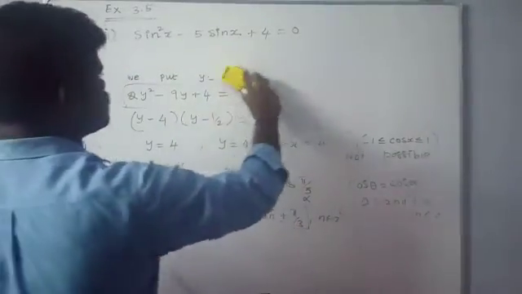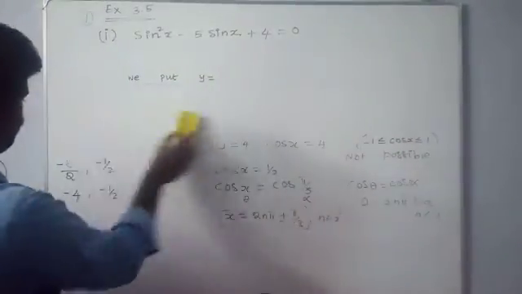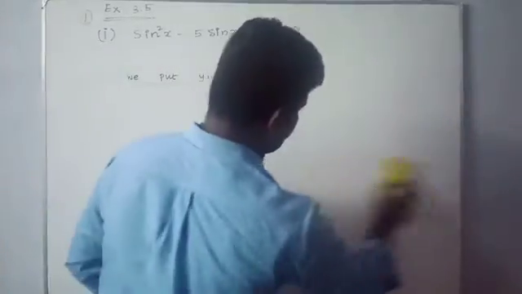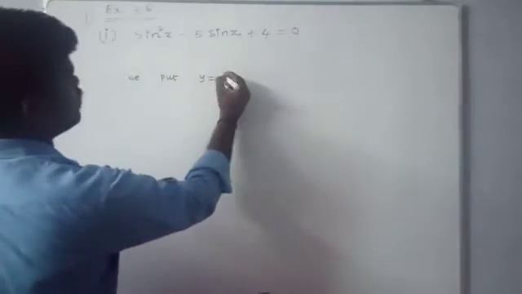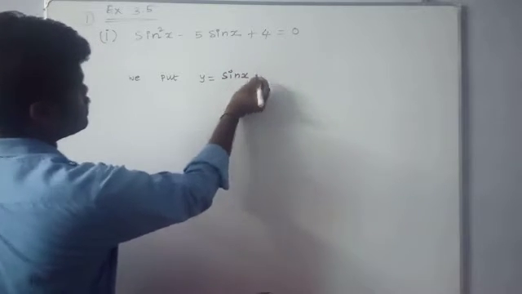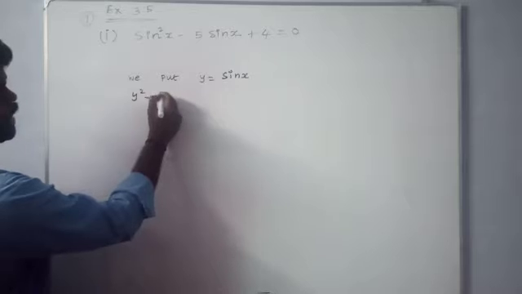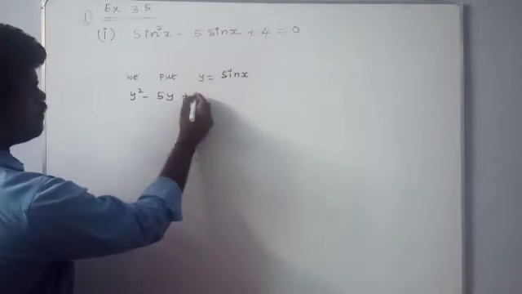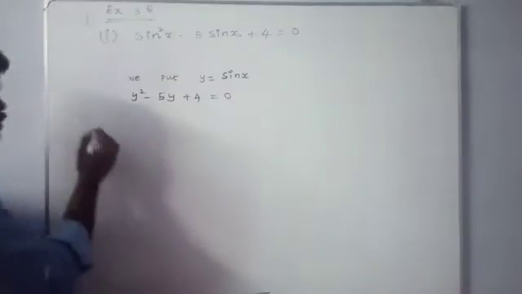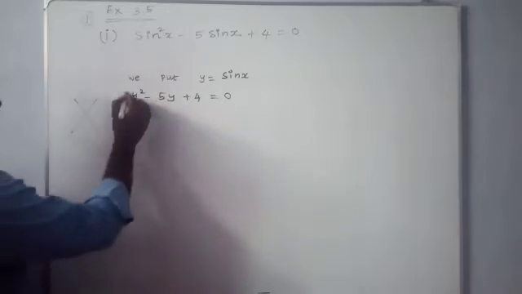Same like this. This is also a sine form. So we put y is equal to sin x, and the equation will be changed as y squared minus 5y plus 4 is equal to 0. This is the quadratic form, and we want to find the roots.